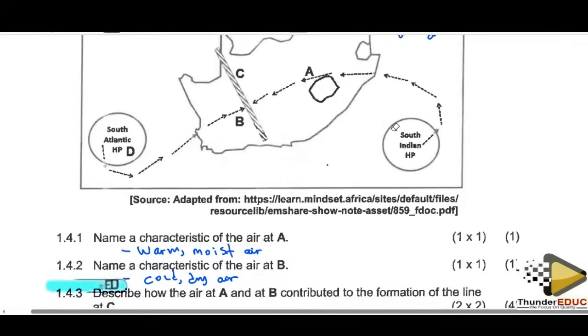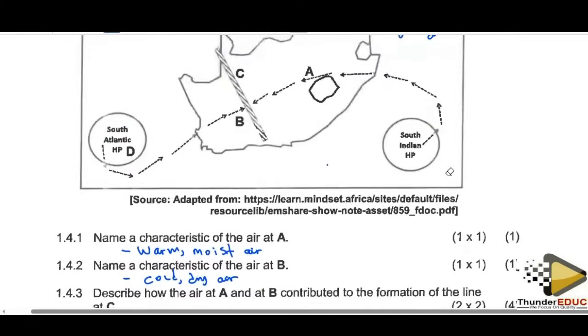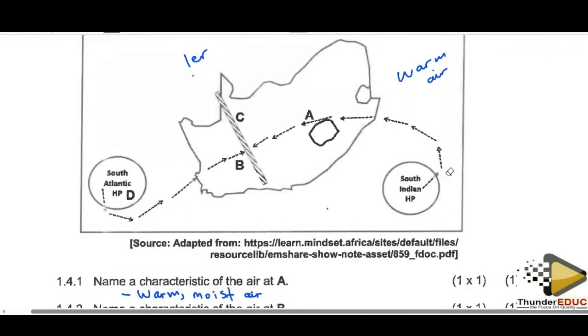Okay, so the question says, describe how the air at A and at B contributed to the formation of the line at C. I believe all of us know that line C is the moisture front. This is our moisture front.